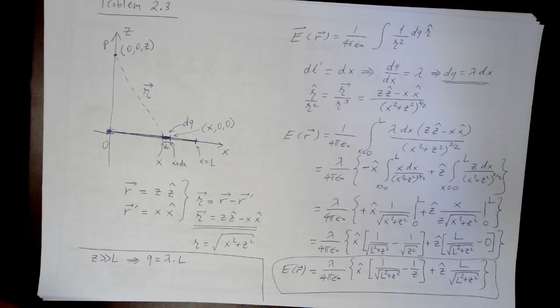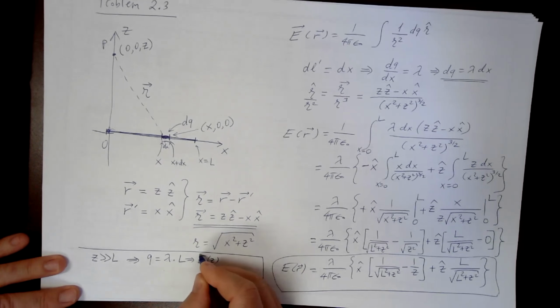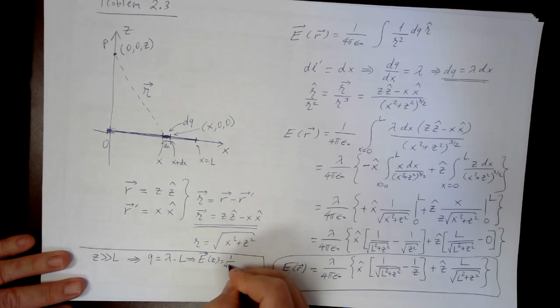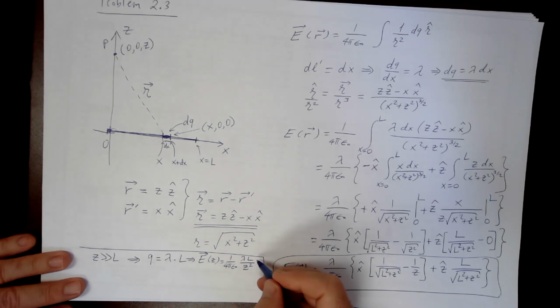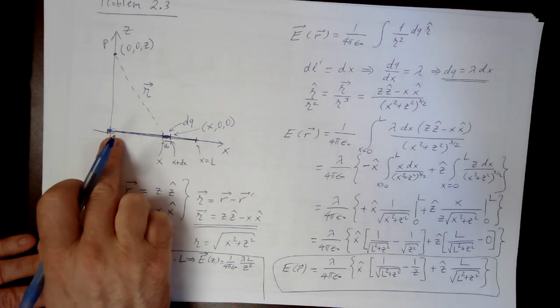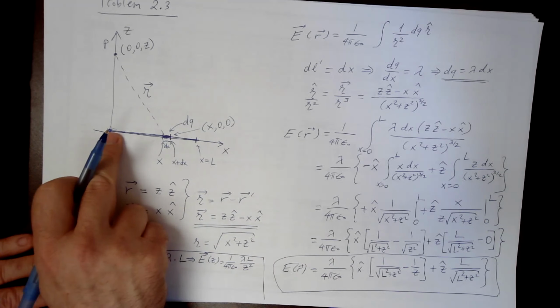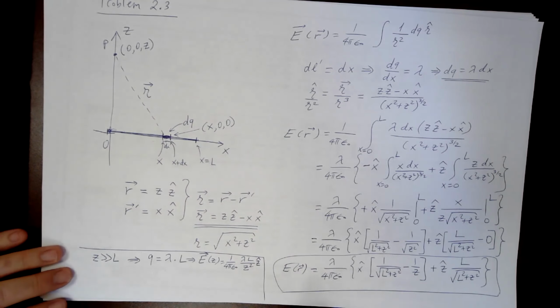So you can just use Coulomb's law, and what you expect then, E of z at far away distances, should be something like 1 over 4 pi epsilon naught lambda L, total charge, over z squared. And you expect it to be in the z direction, because you are so far away that if this is a little bit to the right, a little bit to the left, that doesn't matter anymore. So this is some point charge almost at the origin. So you expect something like this. So let's see if this is going to give that.